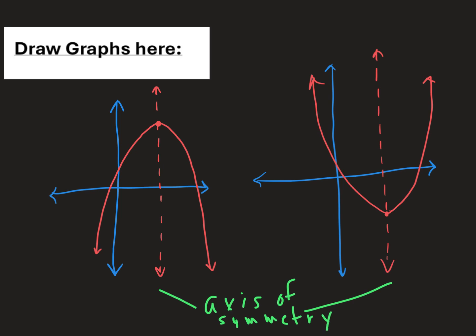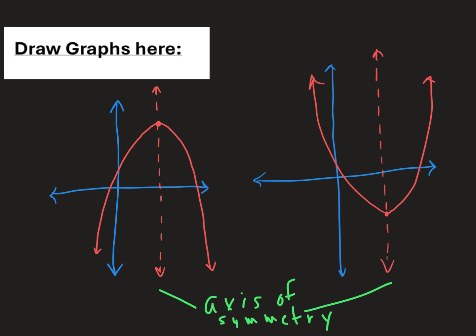I draw it dotted because it's not really there and I don't want to confuse it with the y-axis. So I draw a dotted vertical line for the axis of symmetry, x equals h, or x equals whatever the x value is of the vertex. The axis of symmetry goes through the center, so it goes through the vertex. The axis of symmetry goes through the vertex.